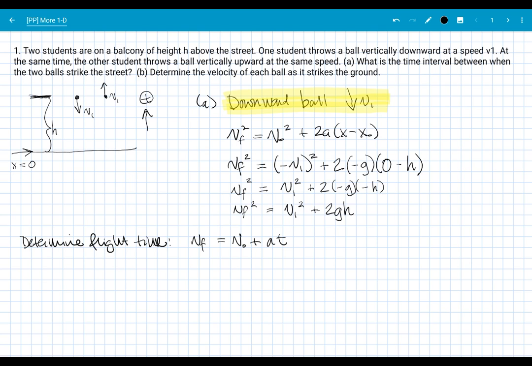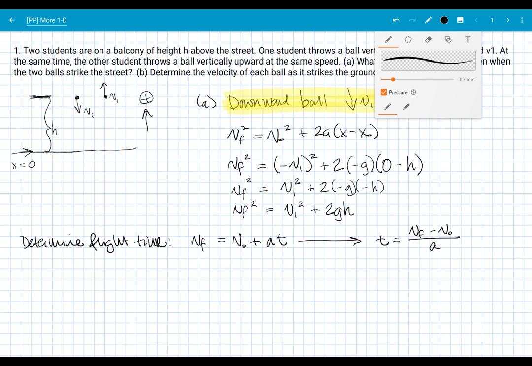So if I'm going to isolate time in this equation, I have that time equals v final minus v naught divided by acceleration. Remember, I always start with a general equation and then write it in terms of my specific problem.